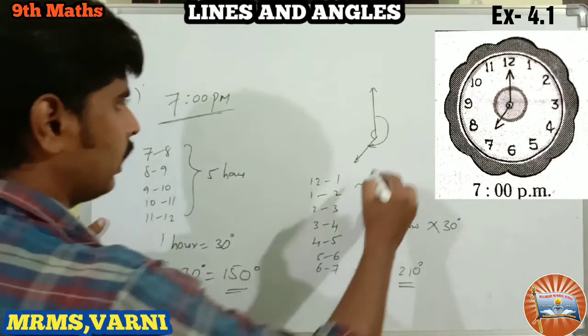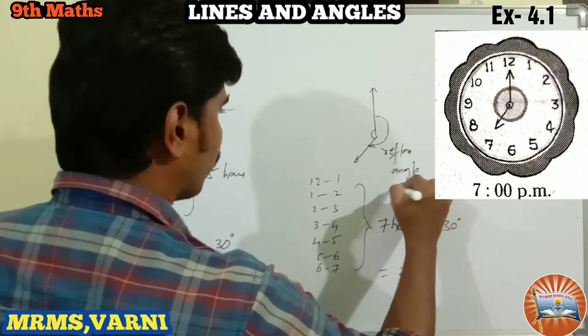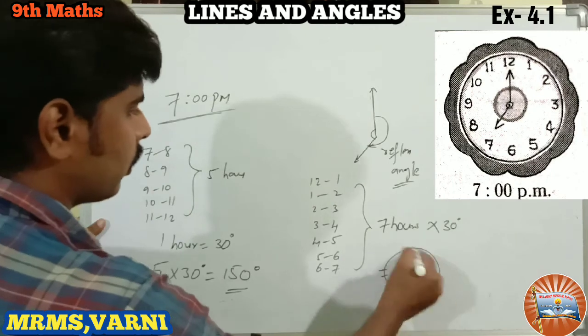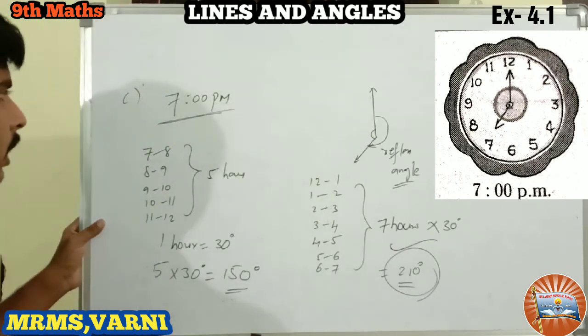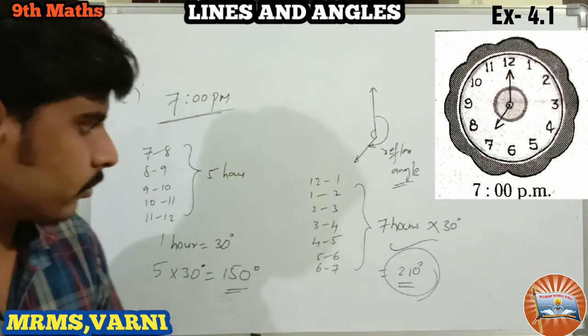This is the reflex angle, and at the reflex angle the angle is 210 degrees. This is problem number 4 in exercise 4.1.